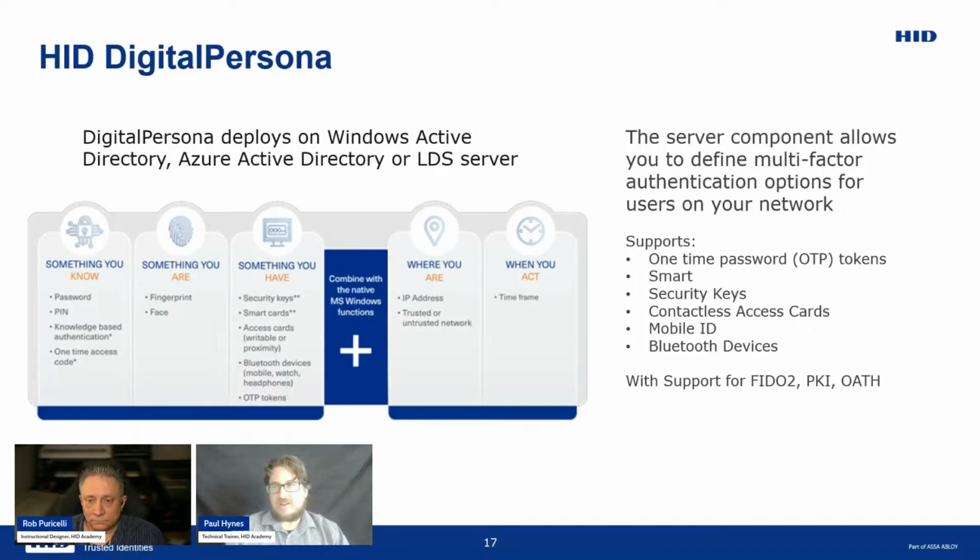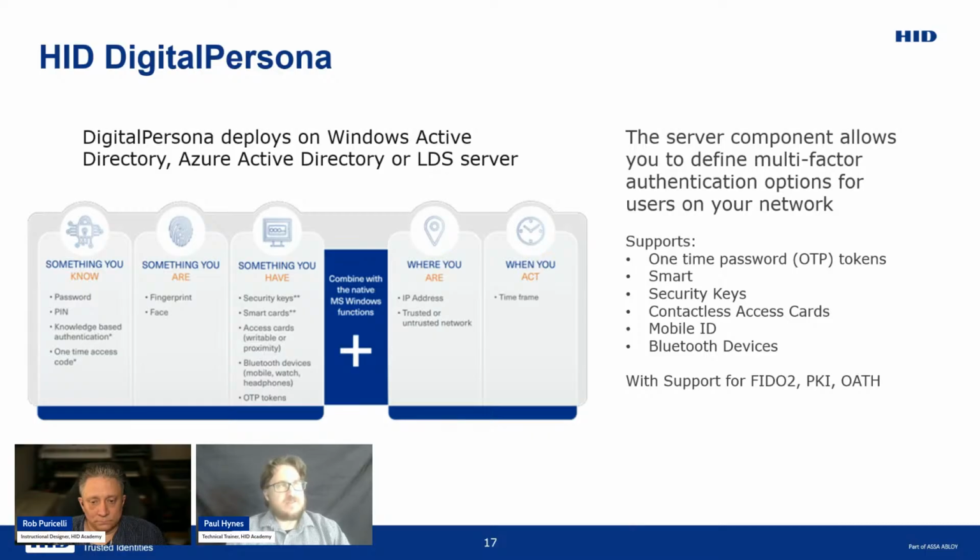Mm-hmm. And the benefit to Digital Persona as well is that it has huge, robust support for different types of credentials, from one-time passwords, smart cards, security keys, to contactless access cards. So if you get a contactless reader from OmniKey, you can log into your workstation using contactless.